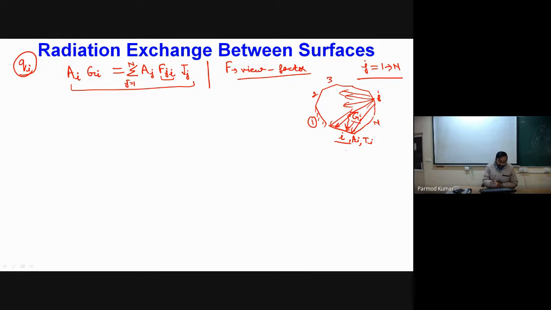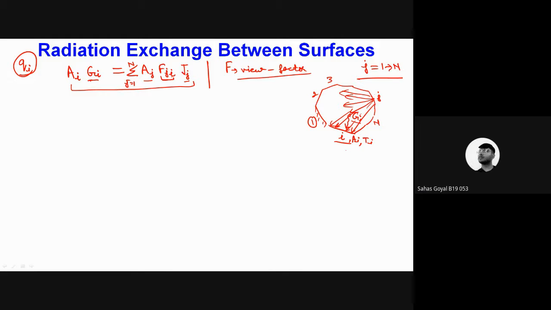The total radiation leaving surface j will be Aj into Jj, where Jj is the radiosity of the jth surface, and out of that, when we are considering irradiation on the ith surface, we only consider the fraction which is falling on the ith face. Okay, sir, I get it. Thank you, sir.